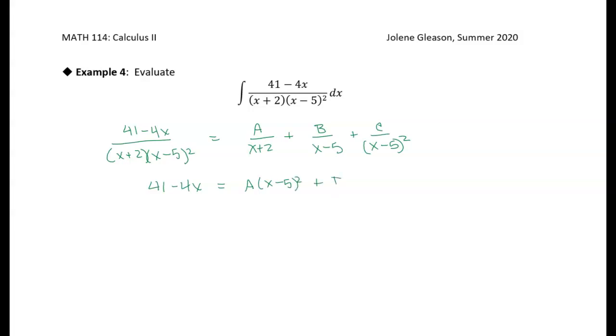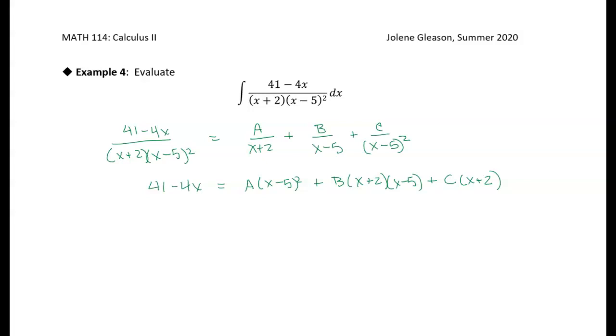And then I'll have B times x plus 2 times x minus 5, because one of the x minus 5 factors will cancel. And for the last term, I'll have C times x plus 2, and the x minus 5 squared terms will cancel. All right, now we got to choose some convenient values.